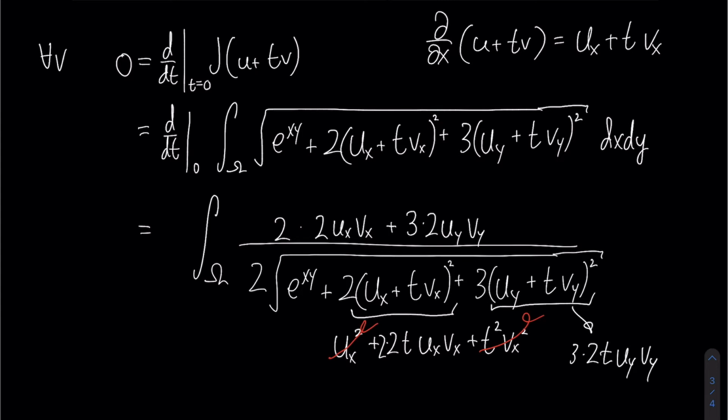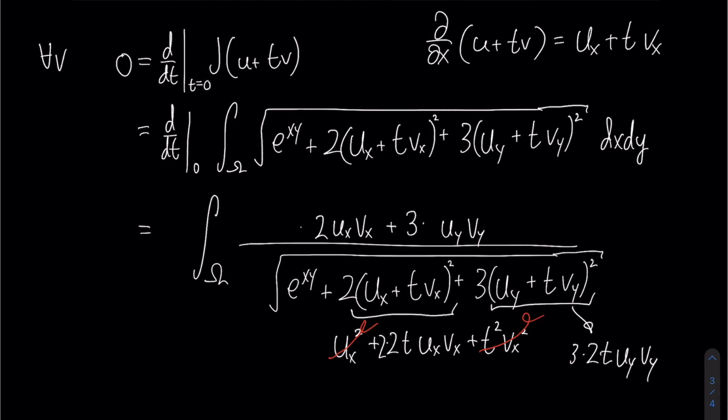And I can cancel the 2's here on top and bottom. In fact, let me just use an eraser. Okay. Furthermore, I'm plugging in 0 into the t's.